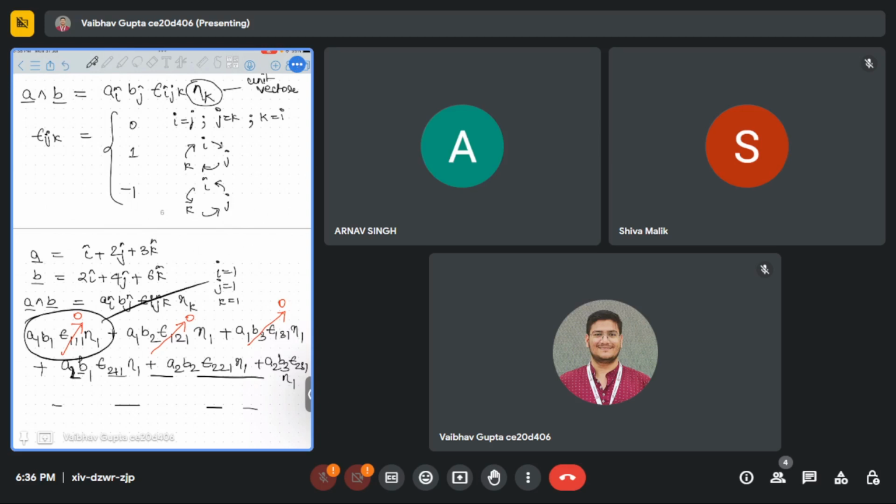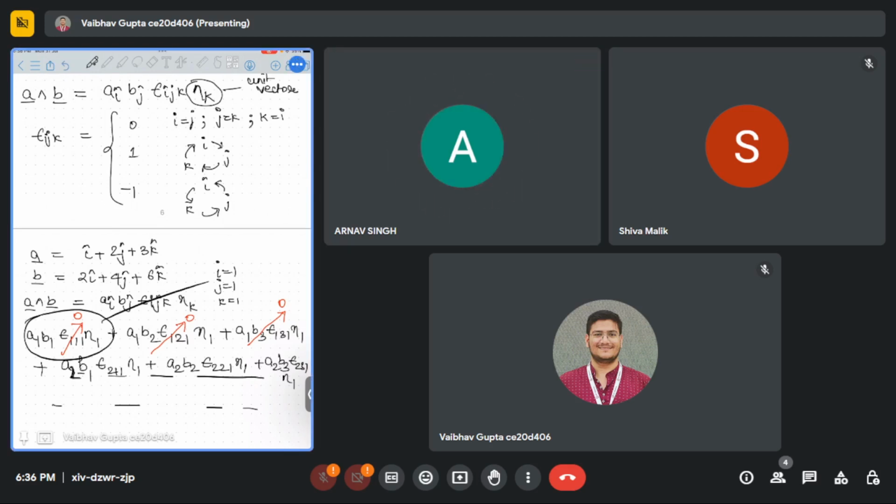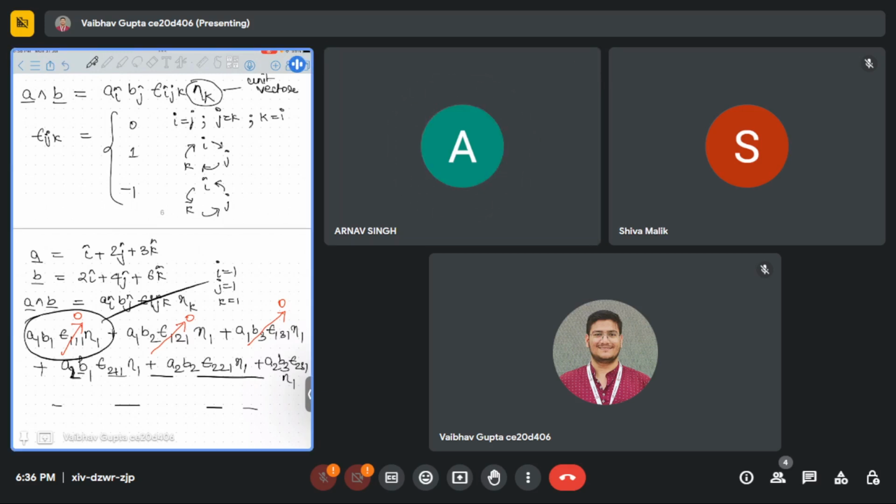All three are equal. So it becomes 0. You got it? Similarly, in second case, it's epsilon 121. Here i is equal to k. Both values are 1. So epsilon 121 is 0. Similarly, in third case.